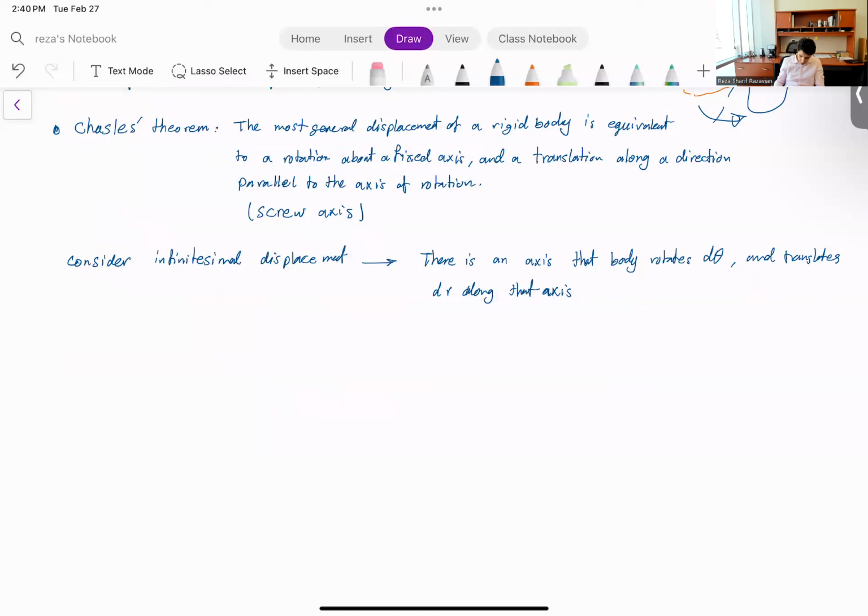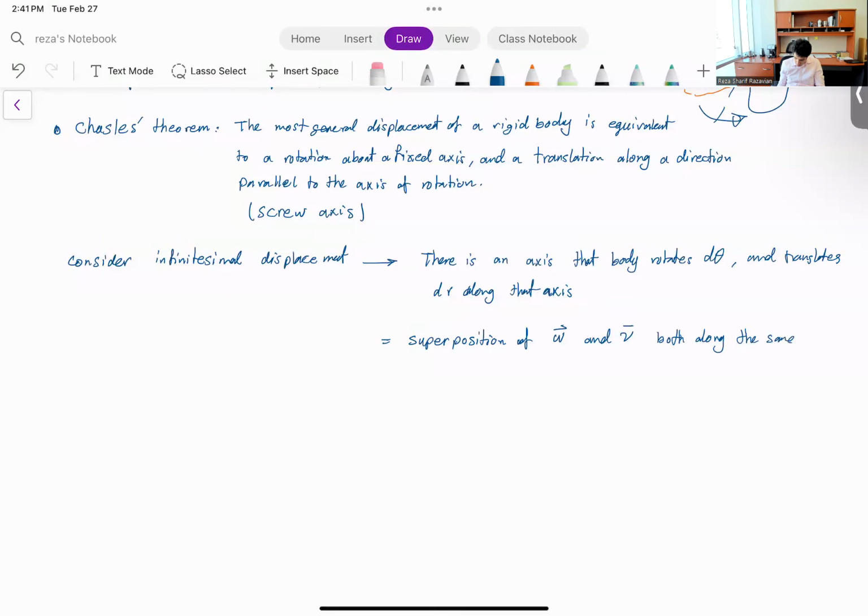And this axis, when you rewrite the same sentence in the velocity and angular velocity terms, is equivalent to a superposition of omega and some v, both along the same axis.